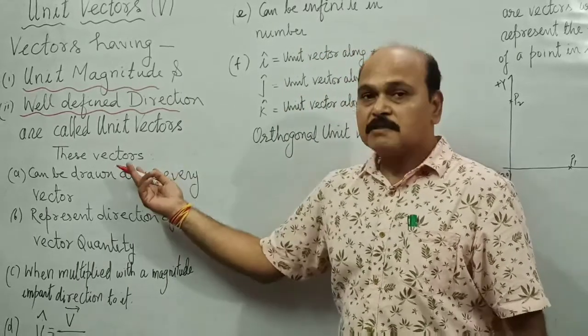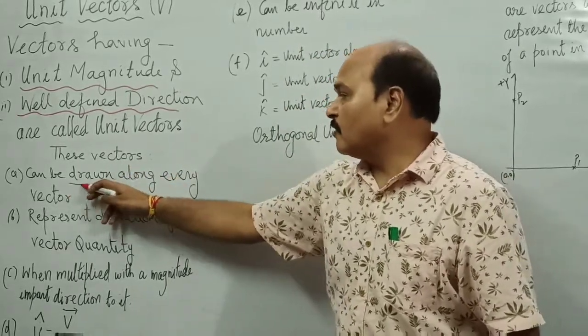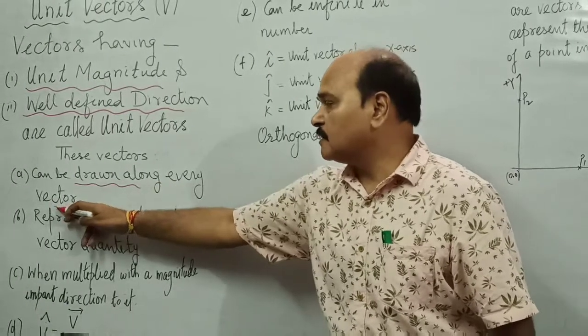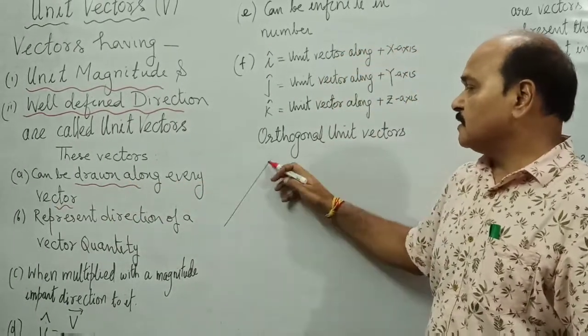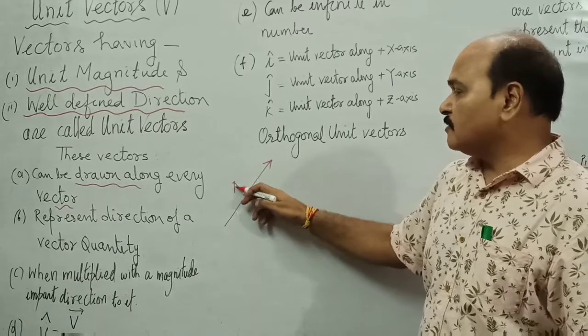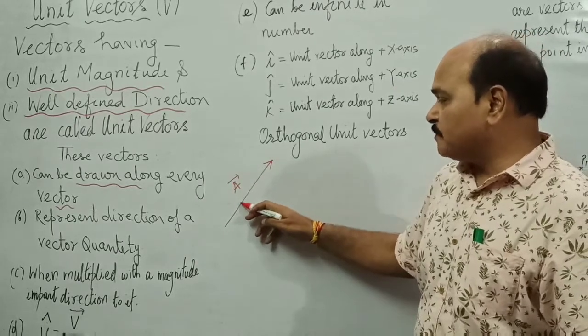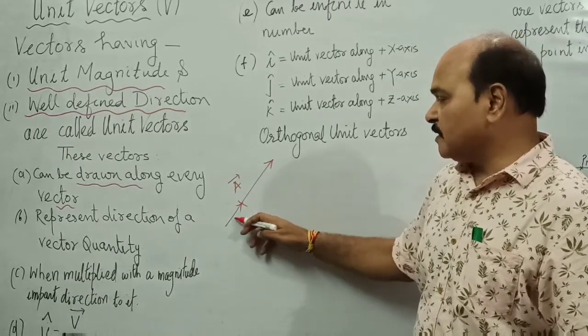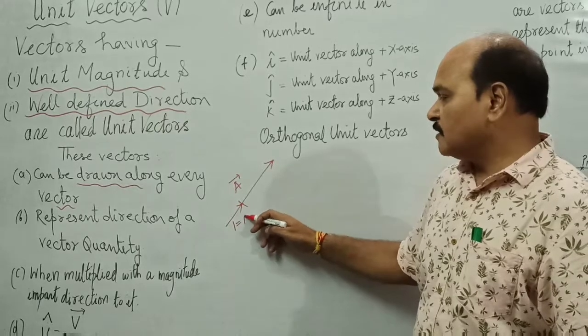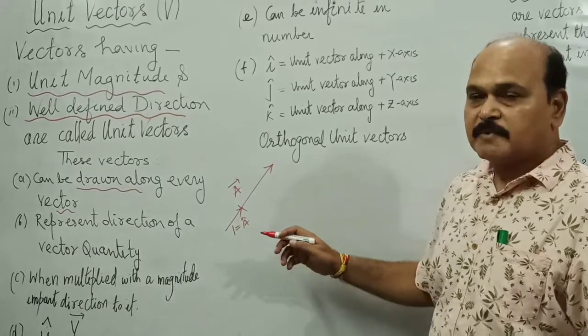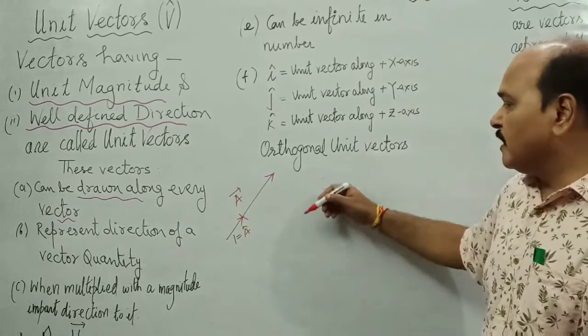These vectors can be drawn along every vector. If this is a vector, we can cut out unit length from this particular vector, and this becomes what? Unit vector along A. So unit vector can be drawn along every vector.